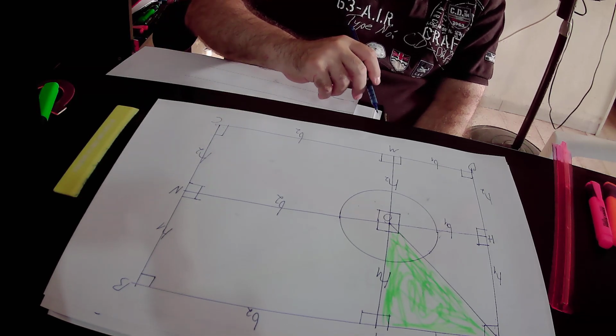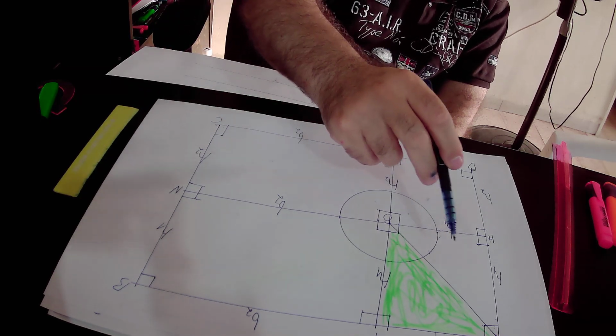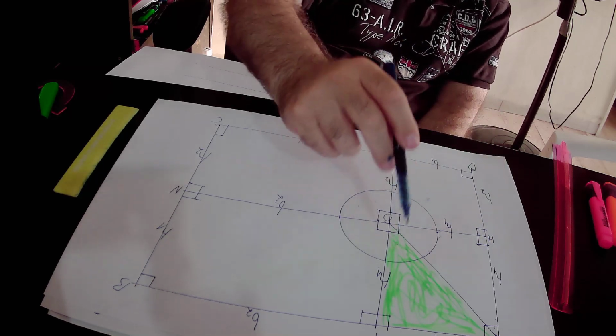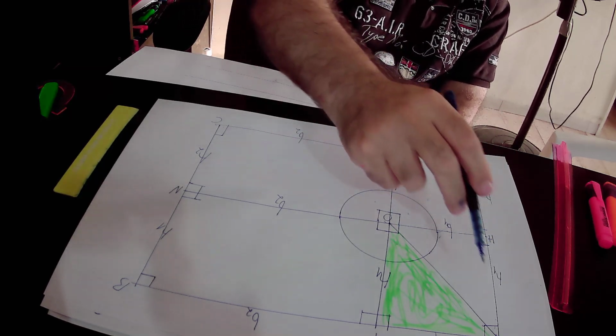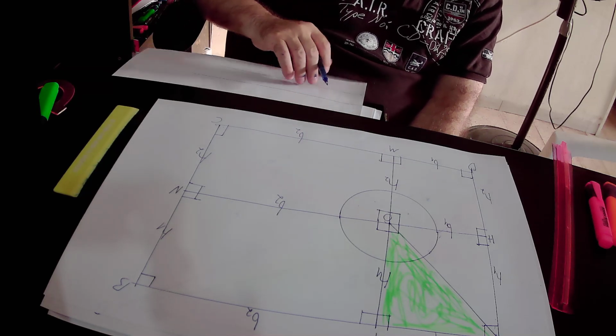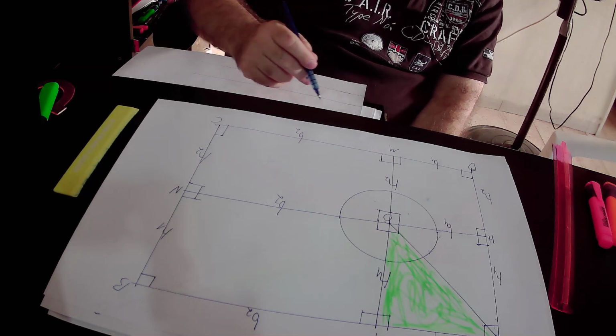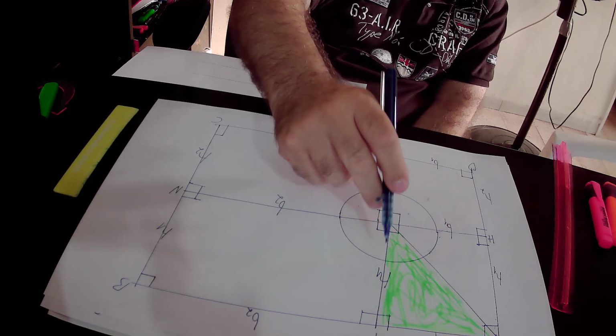Now we'll implement the Pythagoras theorem on the right green triangle, triangle AOT. According to the Pythagoras theorem, AO square equals B1 square plus H1 square.